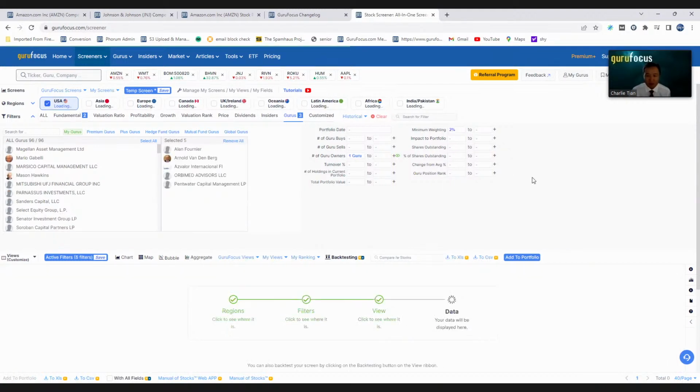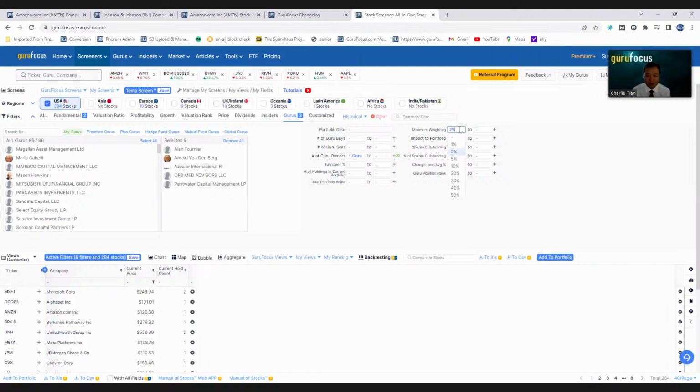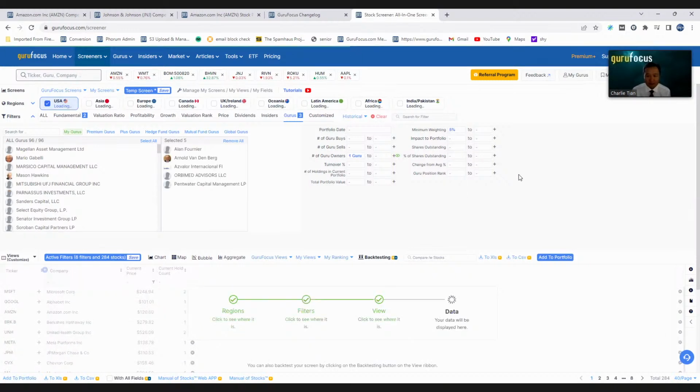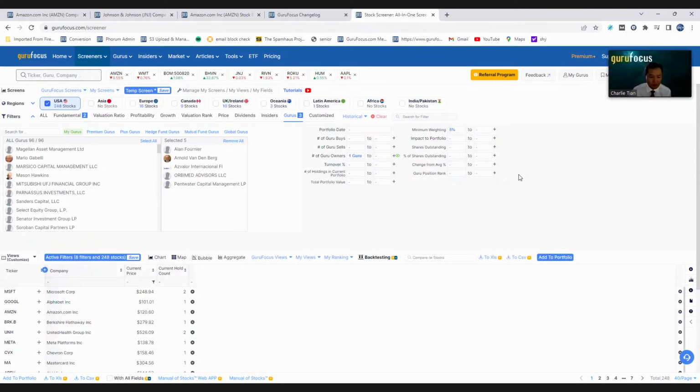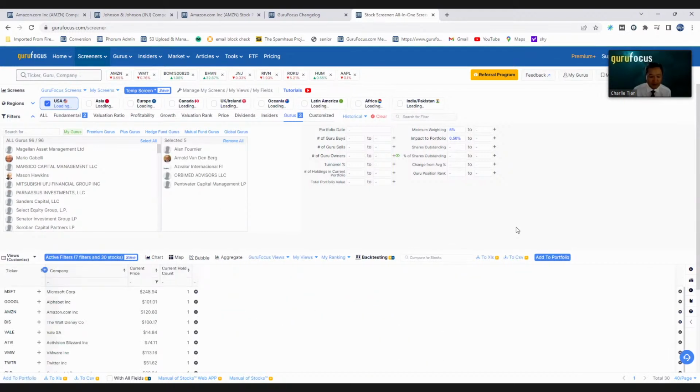If you want a minimum weighting of at least 2% or at least 5%, yeah, you can do that. You can also look at the recent quarter performance, buy, sell, impact. You can also screen by shares outstanding, the number of shares or percentage of shares outstanding.